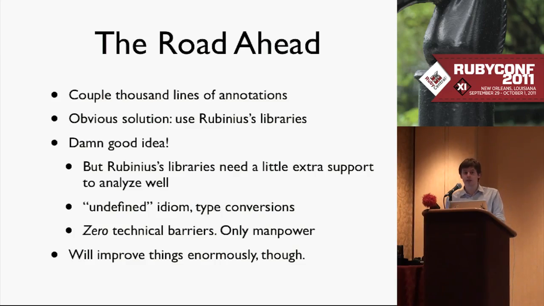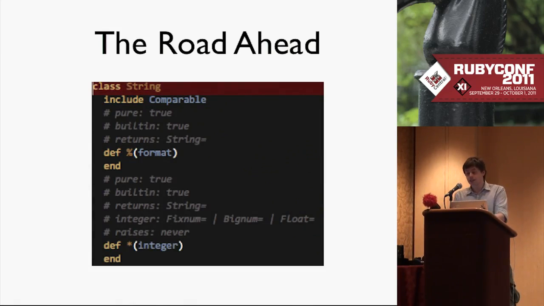There's no technical barriers to this, though. It really is a week or two of work, and I could drop in 95% of Rubinius's libraries and drastically improve the state. Get rid of all these, and these aren't even completely correct.